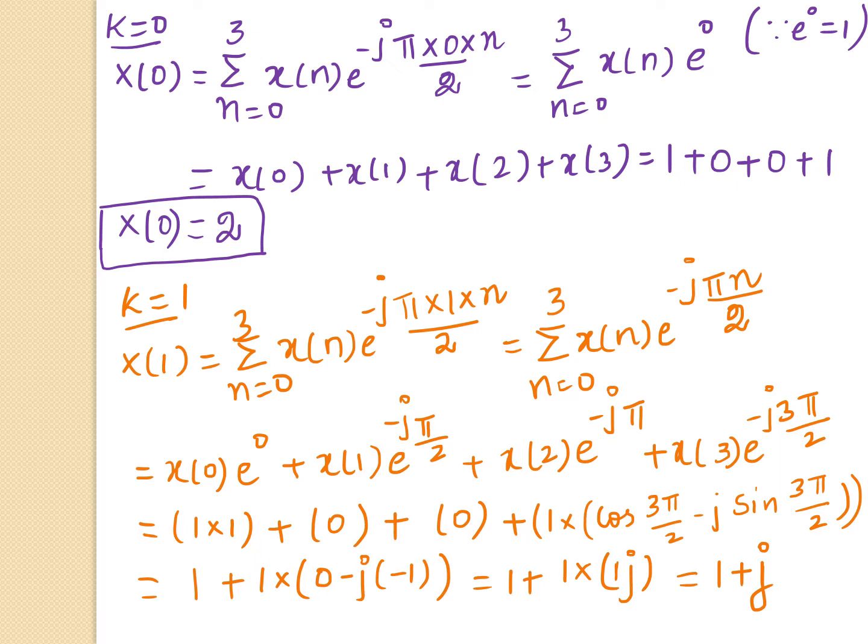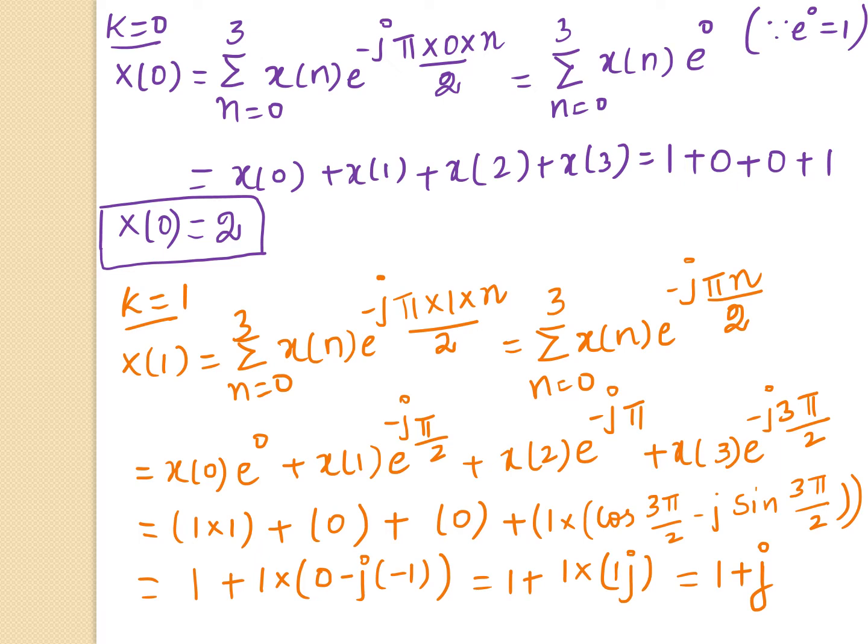So the next value is k is equal to 1. For k is equal to 1, we can find x of 1. So x of 1 is equal to summation extending from n is equal to 0 to 3 x of n into e power minus j pi into, for k you can substitute 1 into n by 2. You can simplify this expression, so that you will be getting summation n extends from 0 to 3 x of n into e power minus j pi n by 2.